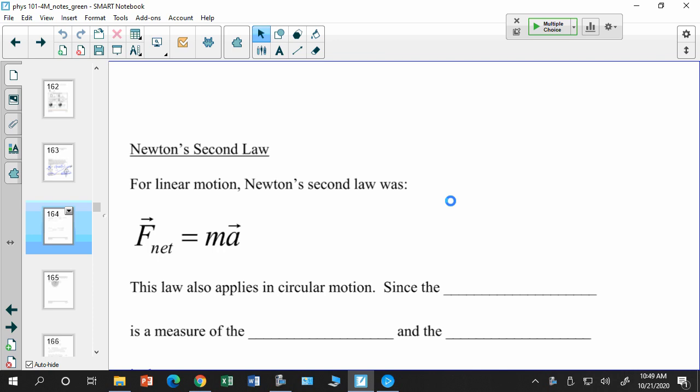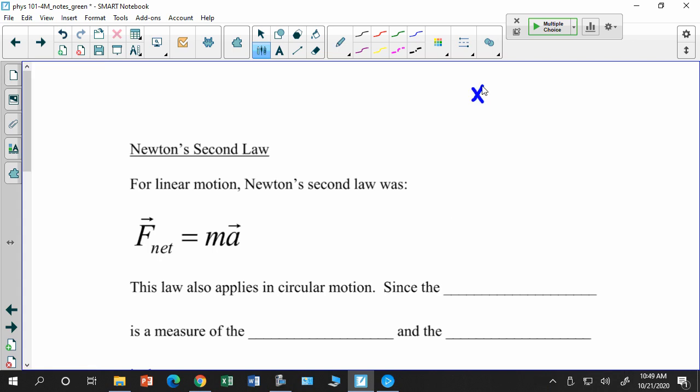I will remind you that we've been making these translations from the linear to the rotational frame, where we've been changing our variables x, v, a, f, and m.